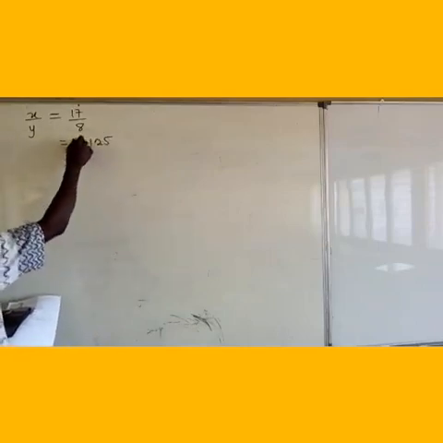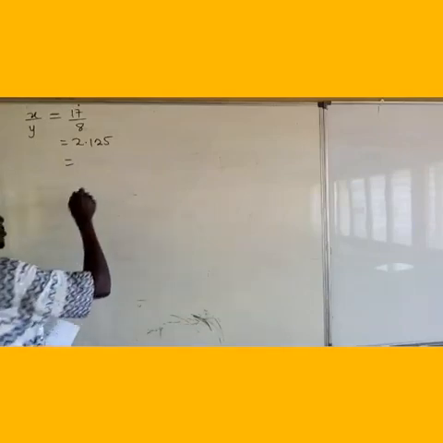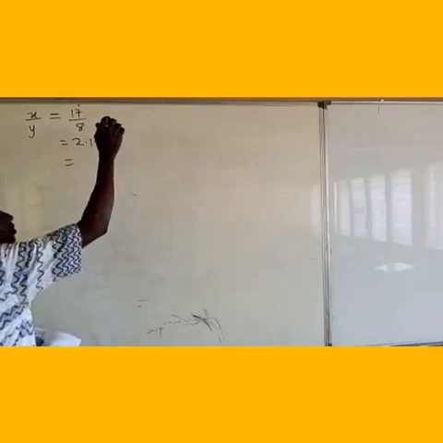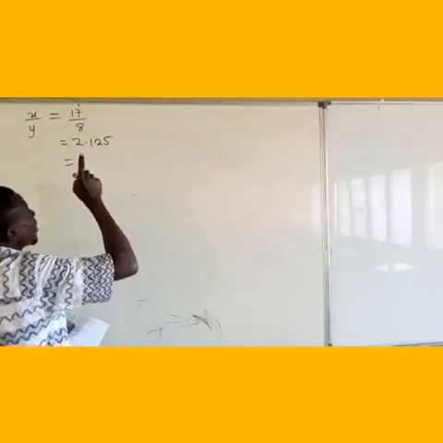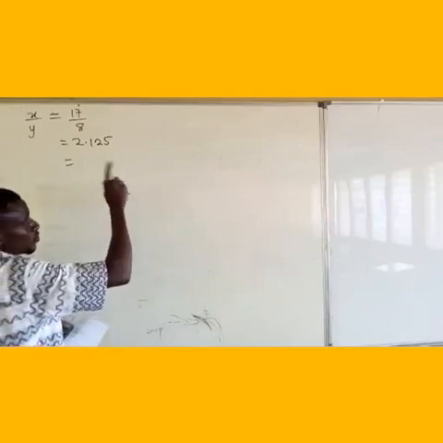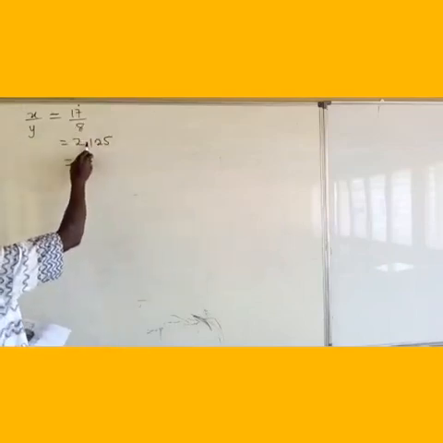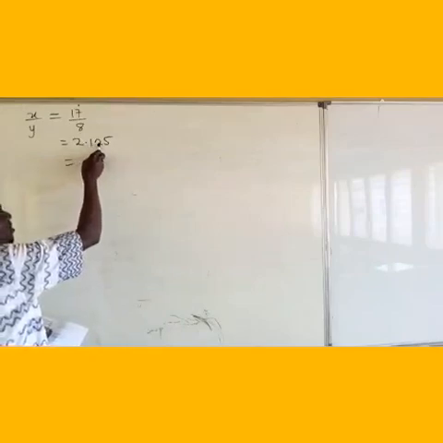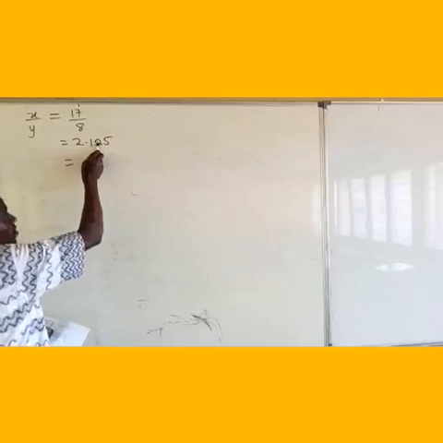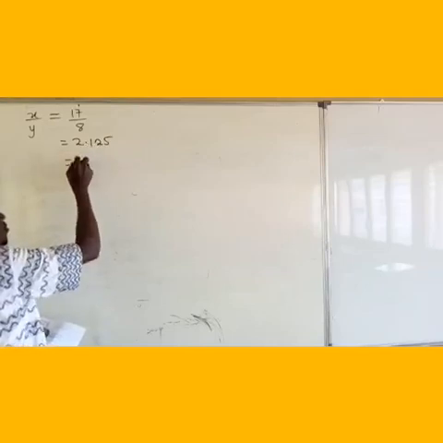The question says to 2 decimal places. So to 2 decimal places, we start counting after the decimal point 2 digits. After the decimal point we count the first digit, second, so 2 decimal places, so it's 1 and 2. So the first digit and the second digit. So we have to stop.